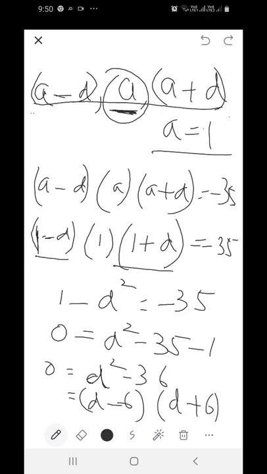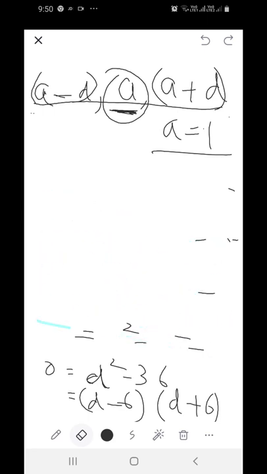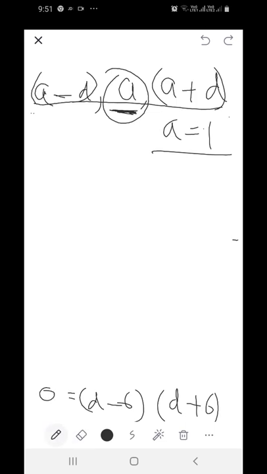So it means either D minus 6 is equal to 0 or D plus 6 is equal to 0. So what are the two values of D which you will get? Either D minus 6 is equal to 0, so D can be 6, or D is equal to minus 6.